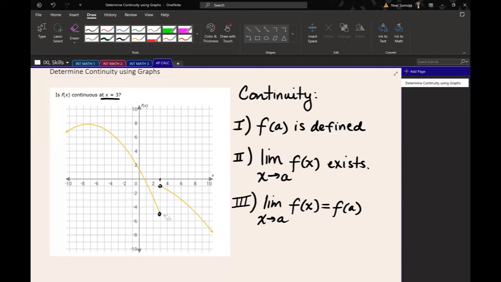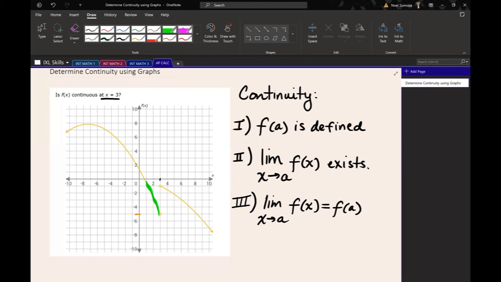Now, not only that, it would also fail the second part of the definition. A limit has to exist. Now, a limit only exists when the left side and the right side both converge towards the same output. But in this situation, if you track the graph from the left side, the limit is approaching -5.